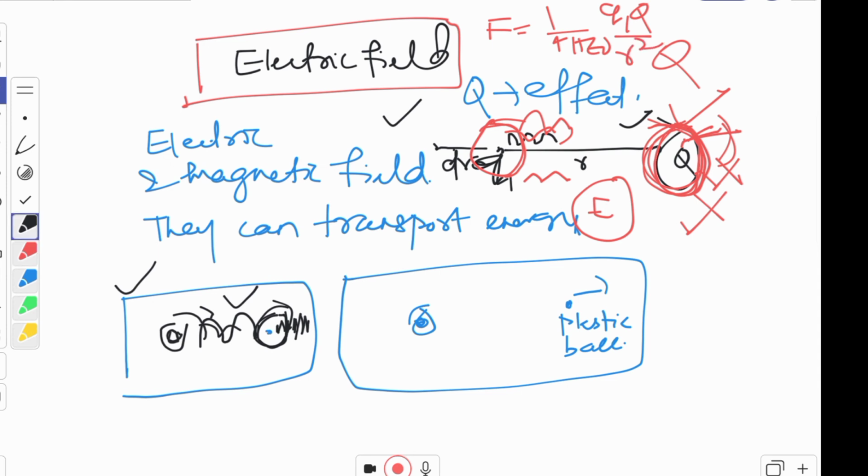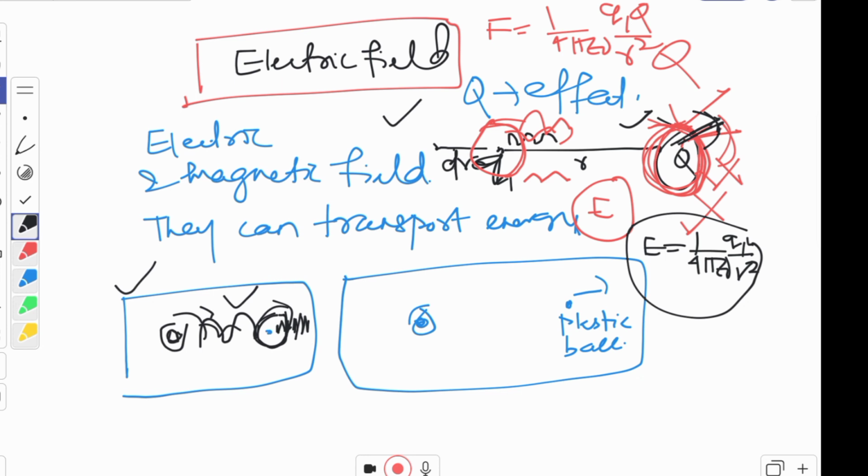Electric field is 1 by 4 pi epsilon naught Q1 by R square. See, if the capital Q charge is not there, still there will be an electric field. But if the capital Q charge is not there, then there will be no electrostatic force. So that is the beautiful concept of electric field.